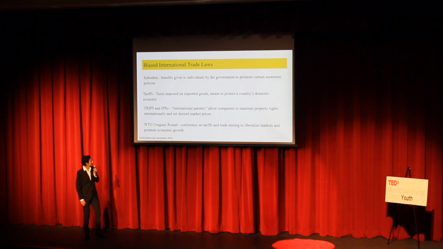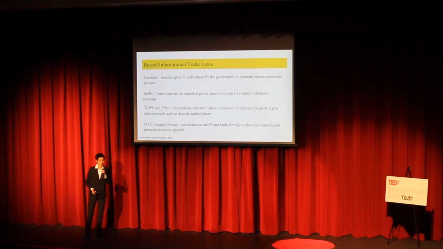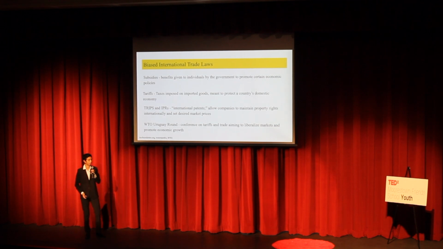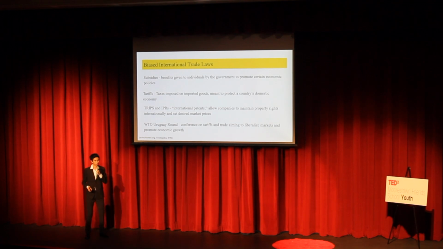So IPRs are essentially international patents. The same way a company can patent a device in the US, an IPR allows that company to maintain its patent and right to ownership across the entire globe. This means it can set the price in any country of that product to whatever it wants.